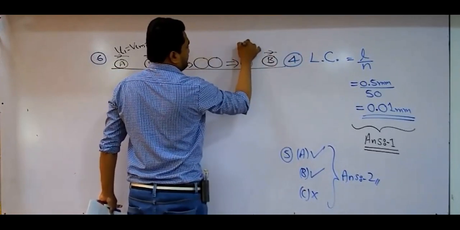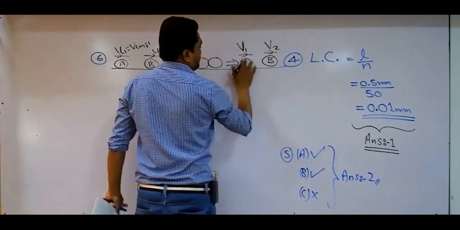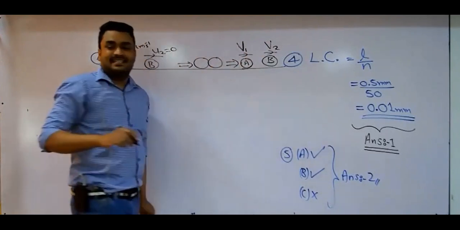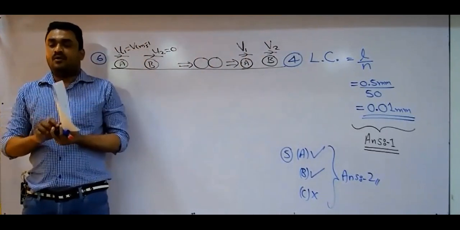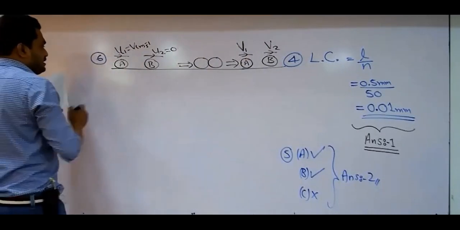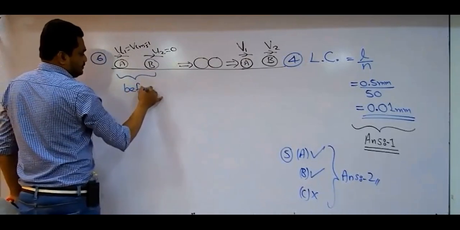Draw this figure quickly. There is no rotational motion. They are just sliding, moving with some velocities. Clear? So this is the situation before the collision.